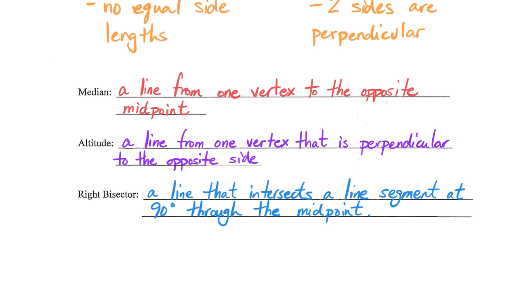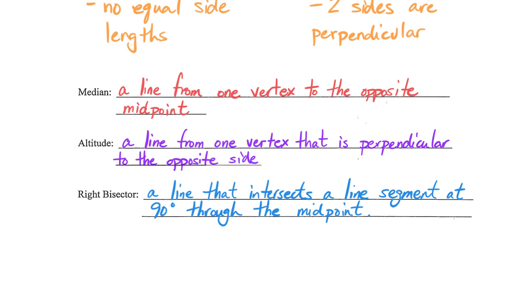Okay, let's take a look at an altitude. An altitude is a line from one vertex that is perpendicular to the opposite side. That's an altitude. Lastly, there's something called a right bisector, and that is a line that intersects a line segment at 90 degrees through the midpoint. It's kind of made up of a combination of those two.